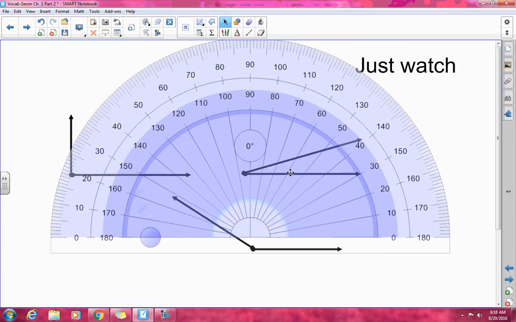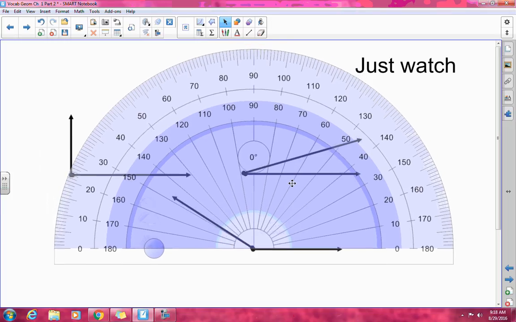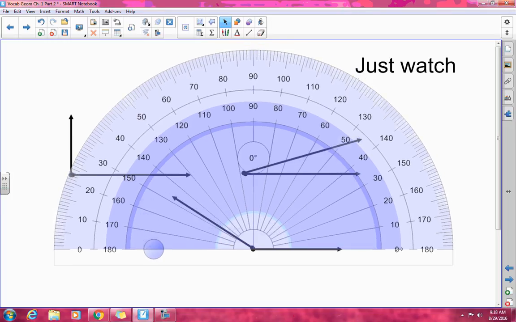Then I'm going to come here and measure this angle, put the center on the vertex, line up this ray on the 0 line, and so I'm starting at 0, so I'm going to go these inside numbers, 0, 10, 20, 30, 40, 50, 60, 70, 80, 90, 100, keep going, and it's about 148 degrees, so this angle is much larger. So different sized angles have different names, and this is what I want you to write down now.